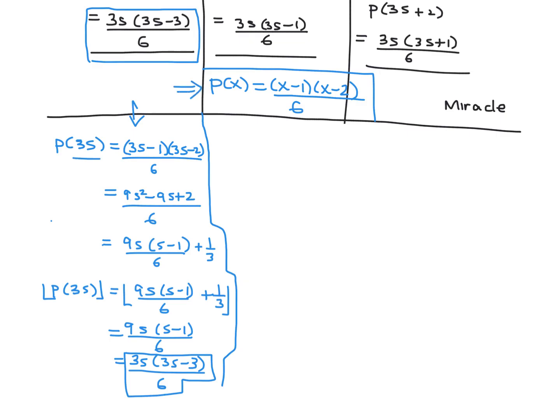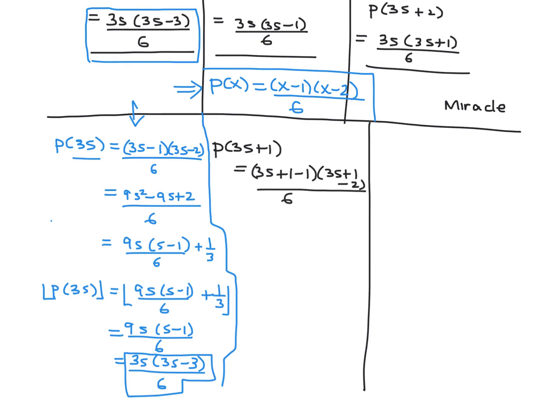So now let's test it out for the second and third guys. So for the second guy, it would be P of 3s plus 1, right? And we put it in the polynomial. We have 3s plus 1 minus 1 times 3s plus 1 minus 2, and that's all over 6.